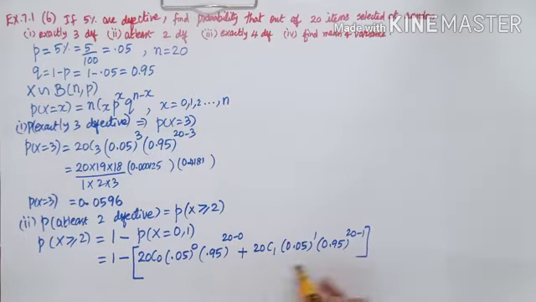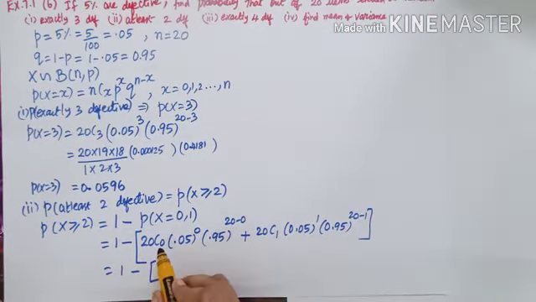Again, you can use calculator, simplify the answer. Before that, 1 minus, what is 20C0? Whenever 0 comes in combination, my answer is 1. So 20C0 is 1. Any number raised to the power 0 is also 1. So 1 into 1, I can forget, write only this answer.